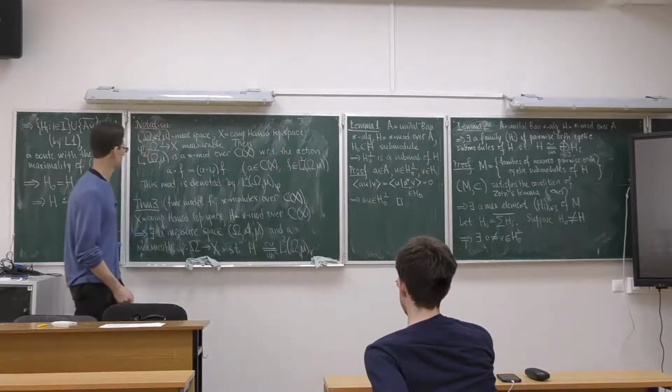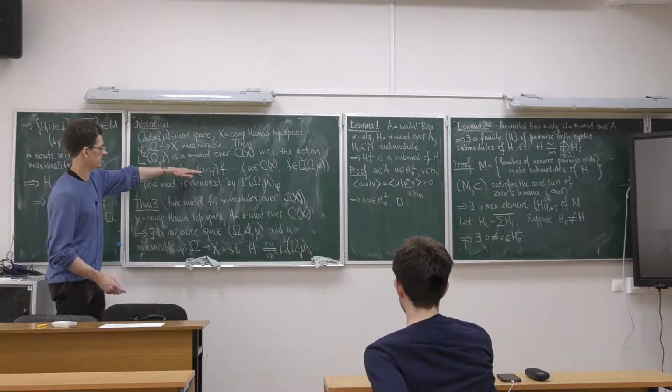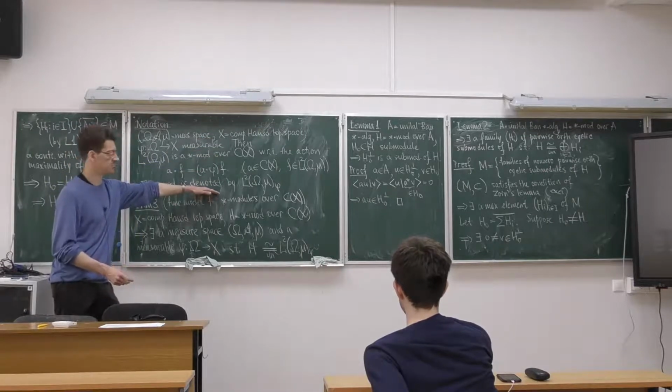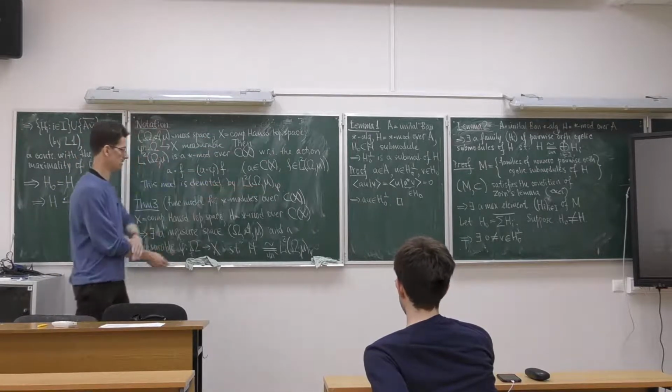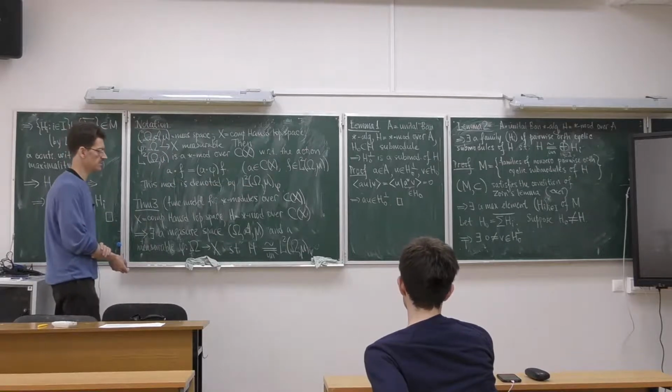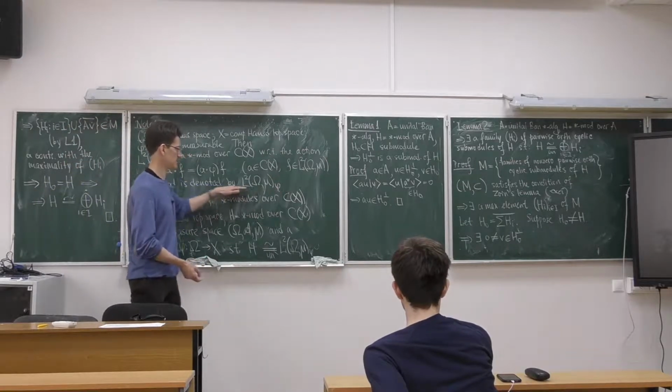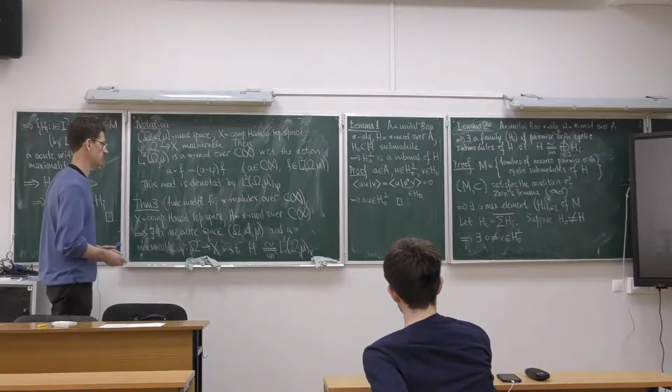In other words, this example of a star module actually gives us the general case of a star module. So any star module has this form, up to unitary isomorphism.